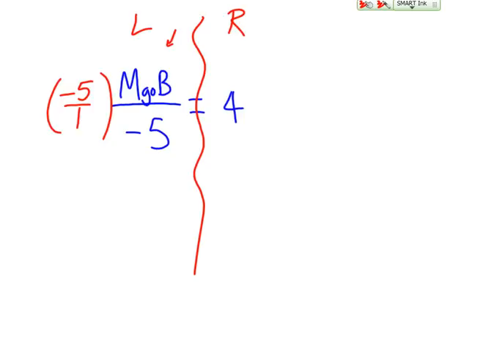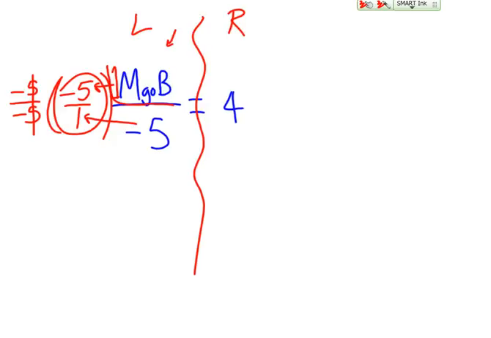Because what we have is, and we could say this is 1 MGO blue or MGO B, and when we multiply over, the 1 times -5 is -5, and then a -5 times 1 is -5. And so that cancels out. We know from before that that's equal to just 1. So when we multiply by a -5, it cancels everything out on this side. So all we're left with is just the 1 MGO blue.